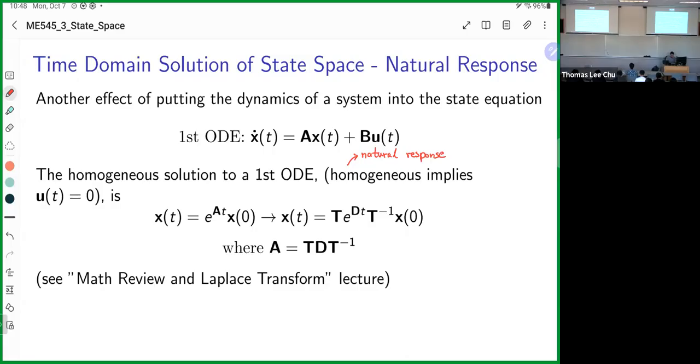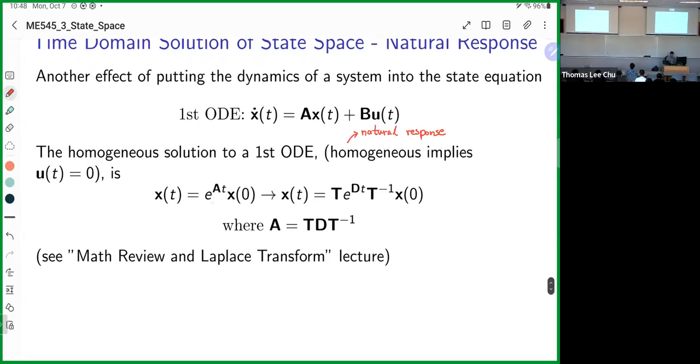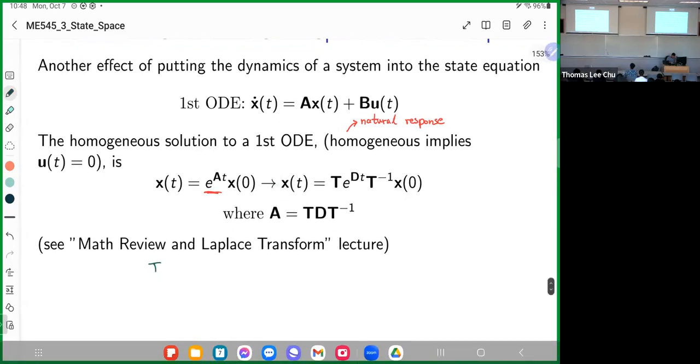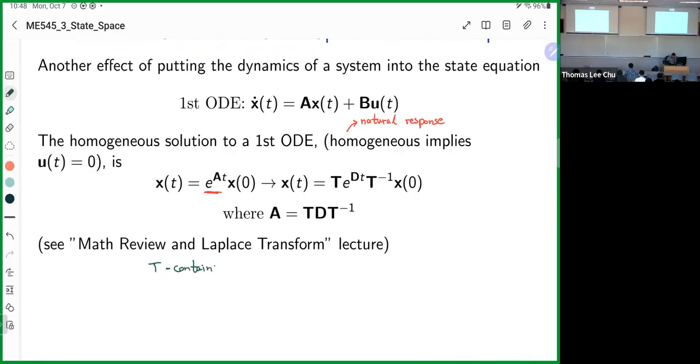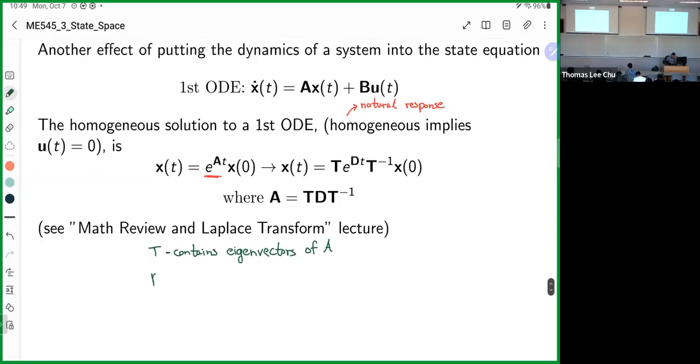And then this is where we need to decompose this A matrix to find out what this value is. T is the matrix containing the eigenvectors of A, and your D matrix is the diagonal matrix of eigenvalues.